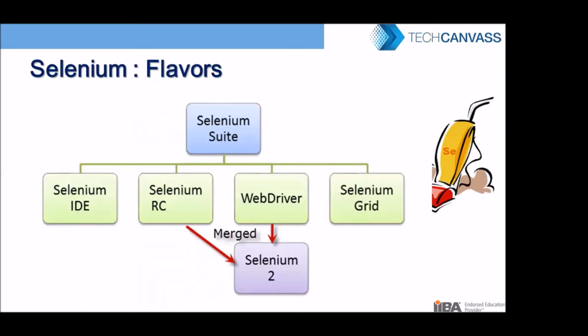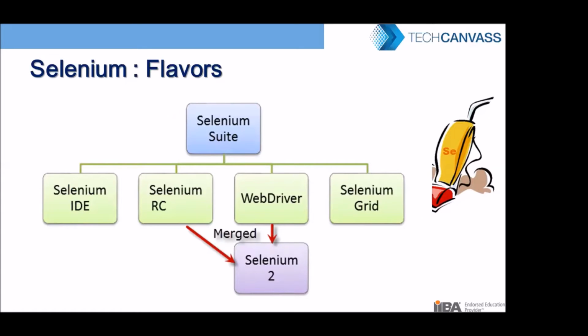See, we have different Selenium flavors in the Selenium Suite. The first is Selenium IDE, and Selenium RC is the second one. Selenium IDE is basically used to do the recording part, which we have in almost every tool. So Selenium also has a feature to record our test and play it again with multiple data, parameterizing the test.